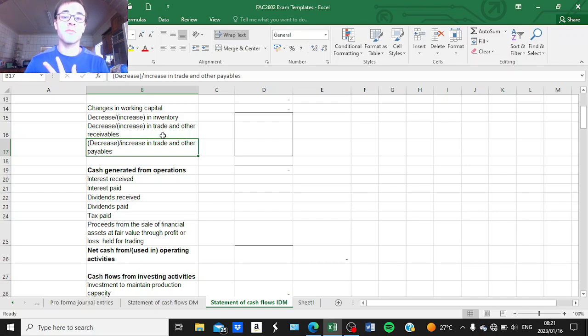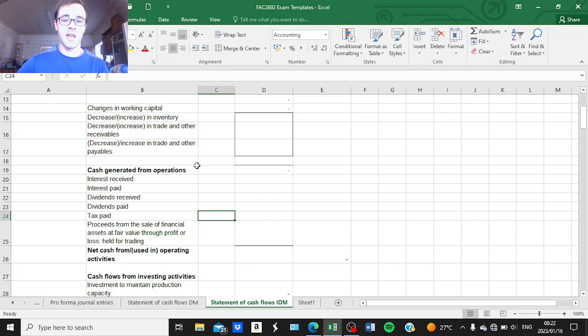Those balances need to be removed in order for us to calculate the change in trade and other payables correctly, because tax payable and dividends payable have been shown separately in the operating activity section. Okay, we calculate the cash paid for dividends as well as tax separately in this section. So therefore we have to remove it from trade and other payables when calculating the change in that item. That is with the indirect method.